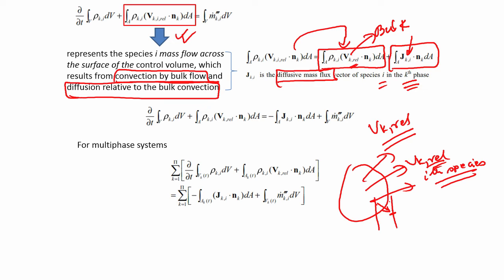It is like a conduction problem. That means, when there is a temperature gradient, there is a heat flow. Here, when there is a concentration gradient, there is a corresponding species flow. That is not the bulk flow that we are talking about over here. So, that is given by this j, the diffusive mass flux vector.